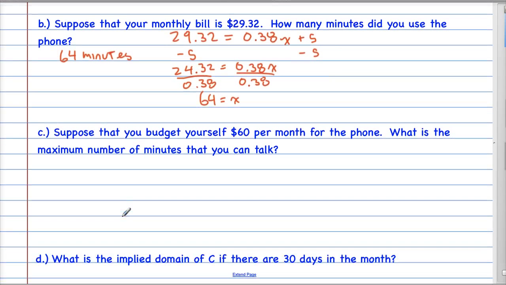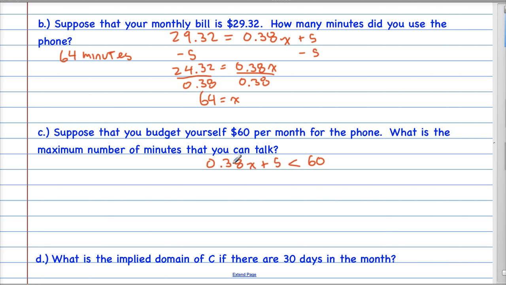Part C says, suppose that you budget yourself $60 per month for the phone. What's the maximum number of minutes that you can talk? So in this case, $60 is the maximum amount. That means my function value, 0.38x plus 5, has to be less than $60.